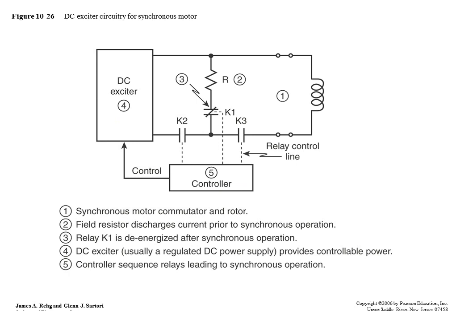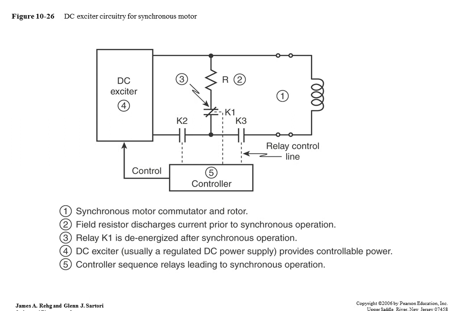DC exciter circuit. In a synchronous motor, I'm going to use DC to make a magnetic field on the rotor, and then the motor will follow the magnetic field of the three-phase around, and it gets power by the number of degrees it's away from that magnetic field.